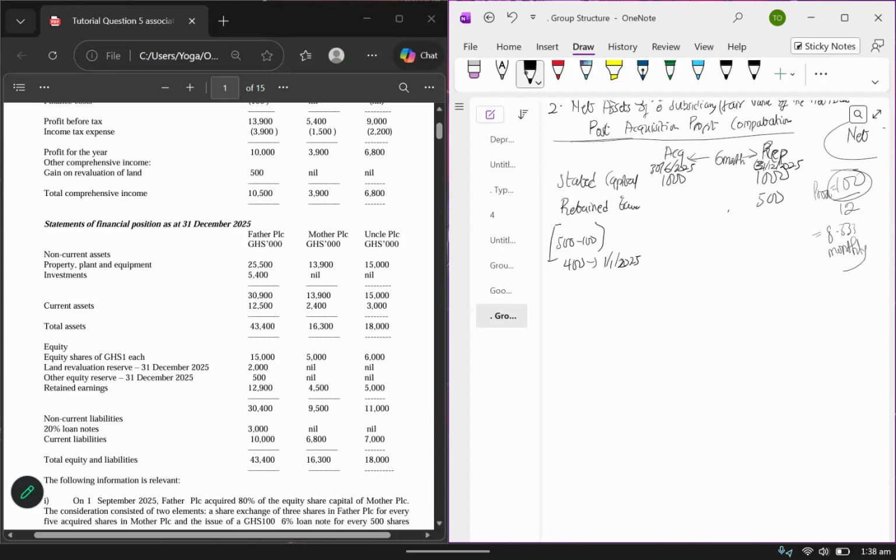So you see that this one is at the beginning of the period, and we acquired the company on 30th June 2025, meaning you have to add the profit that they've accumulated from 1st January up to 30th June 2025. That will give us the acquisition retained earnings. So you can either choose to find the profit within the post acquisition period and subtract it from this 500, which is the retained earnings.